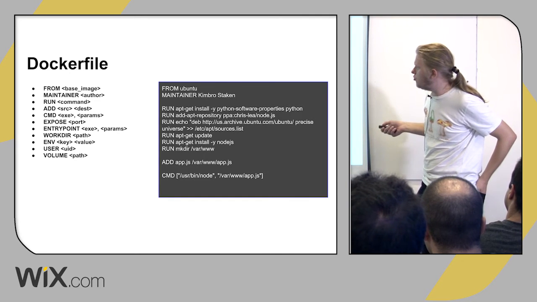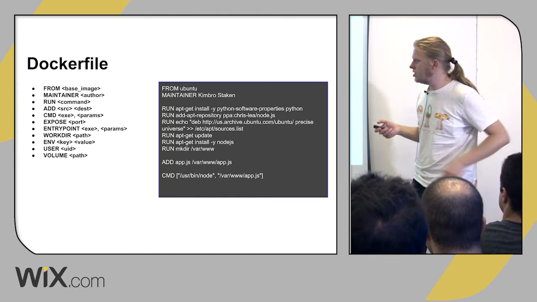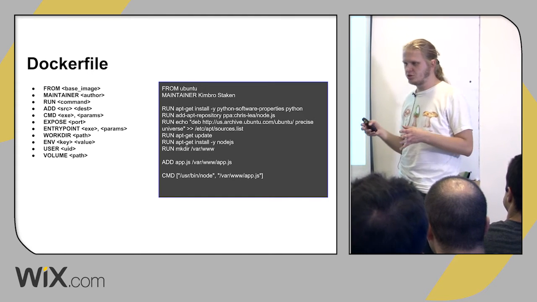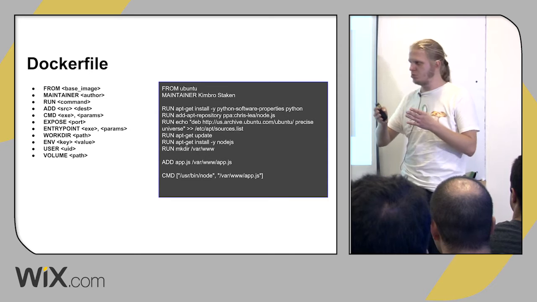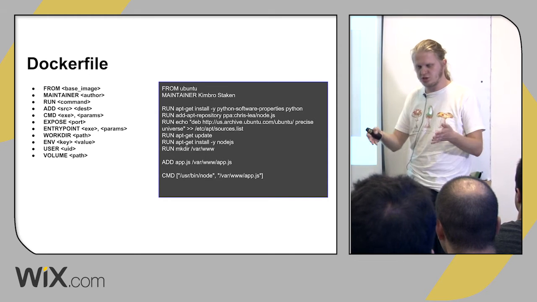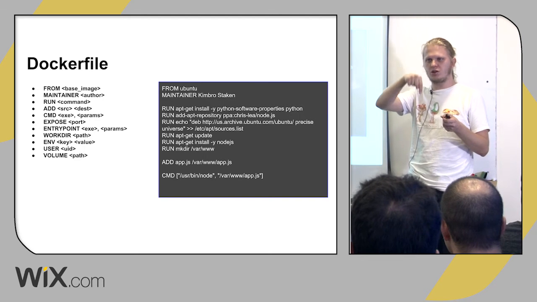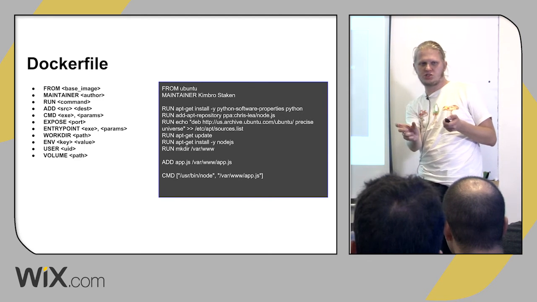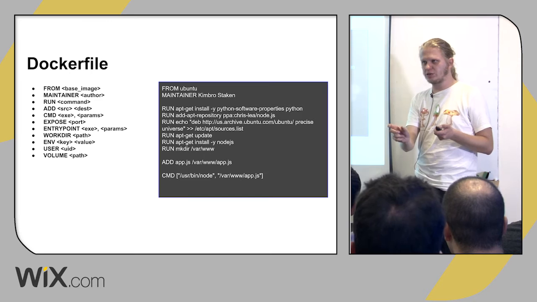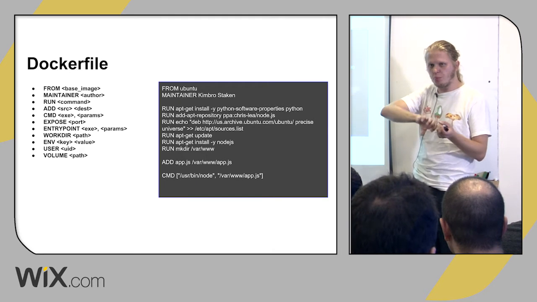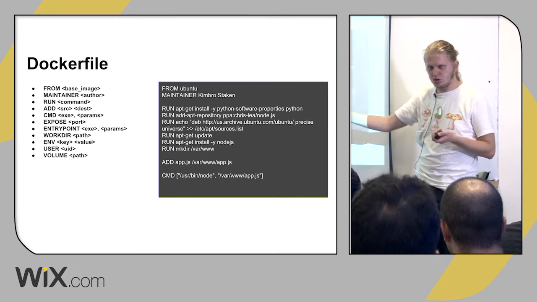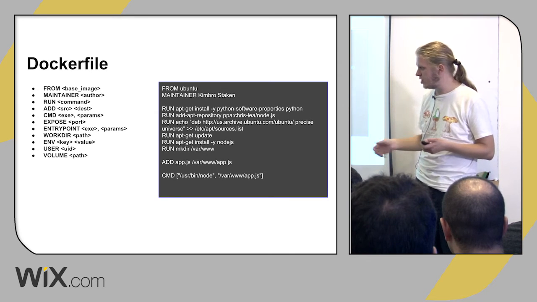Now, what the ADD command does is, when you run it inside a directory, ADD means add this file or this path from this directory to the image. It copies it inside the image. For example, your application.js file.